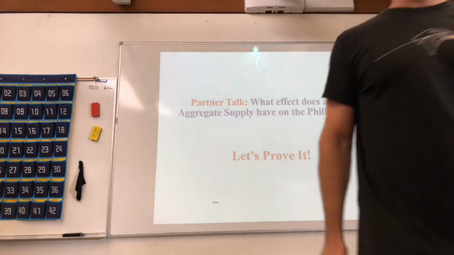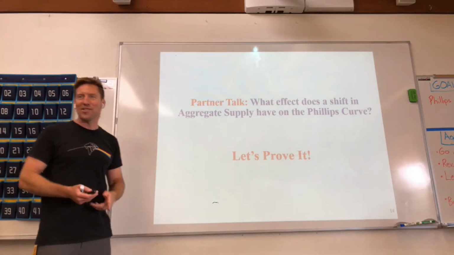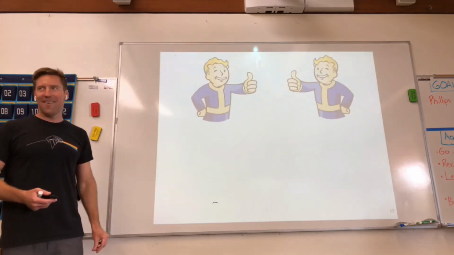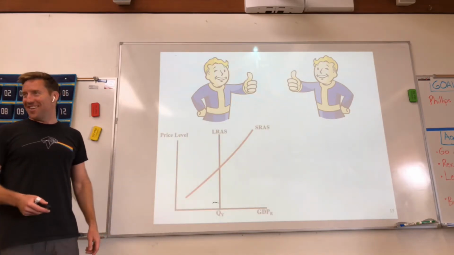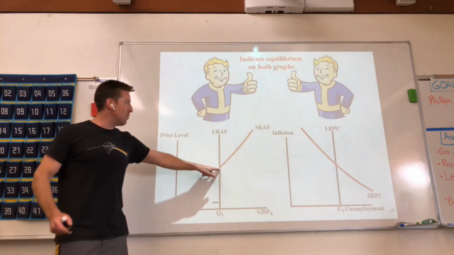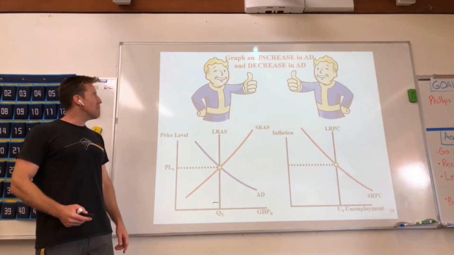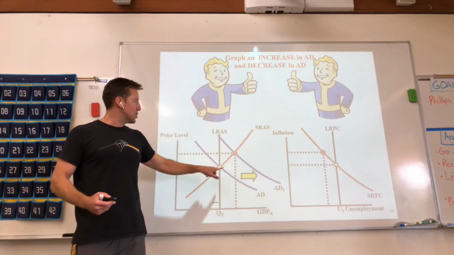Should we prove it? Okay, let's have some fun with it. I'm going to start cutting and pasting. You guys ready for this? Here we go. Let's mirror image this puppy. First, let's find equilibrium. Then let's shift aggregate demand. Let's shift it down.